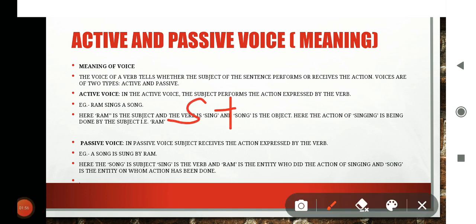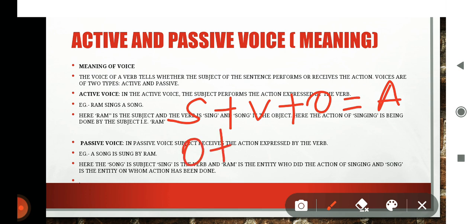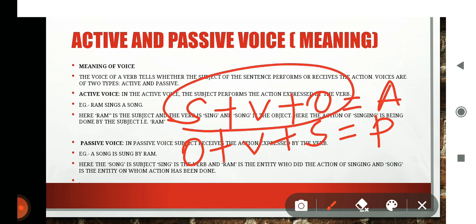Subject plus verb plus object is the rule of active voice. And while you are converting it from active to passive voice, it will be reversed. Means object will come first, then verb will come after that, and subject will come at the last. So can you see the difference between both the examples?